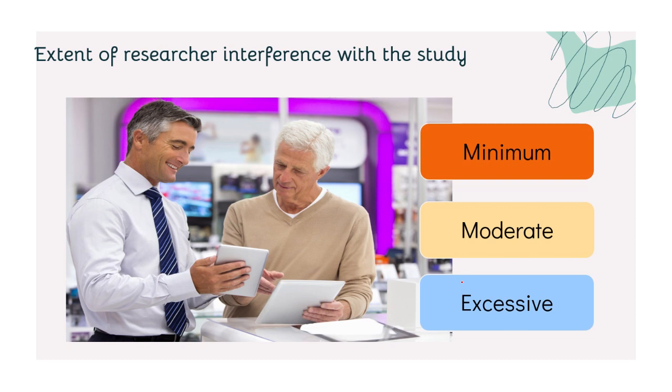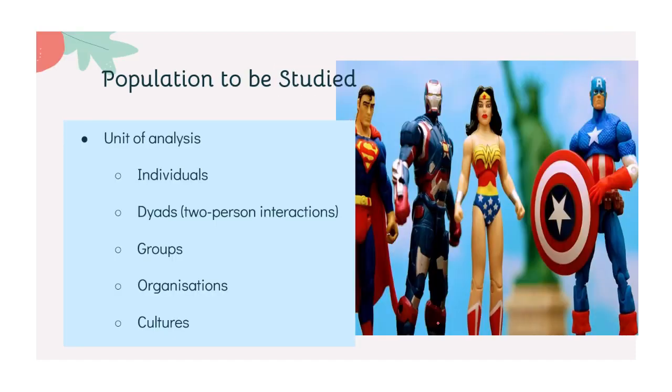When you have minimum interference, that means you are letting them answer in their natural flow of events that they are doing. When you have moderate and extensive, you are coming into the research in a bigger picture. This would happen when you do interviews, right? So when you do that, you have to remember your ethics and how it needs to be done.